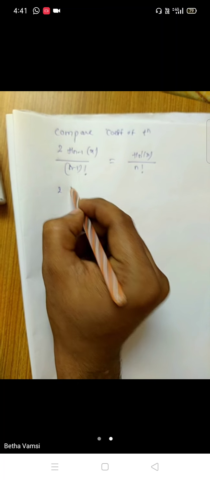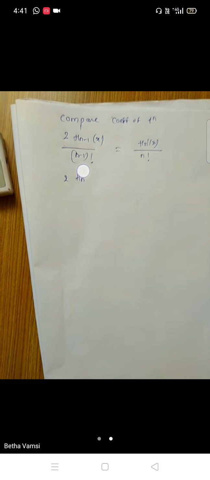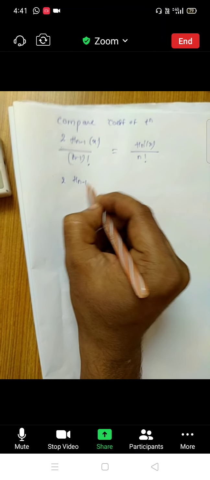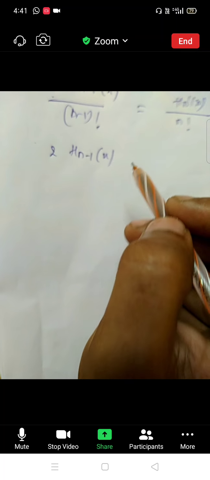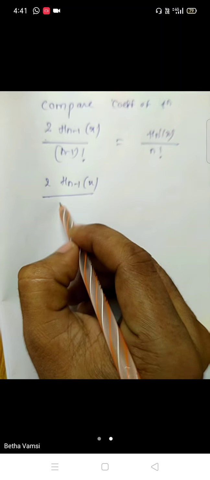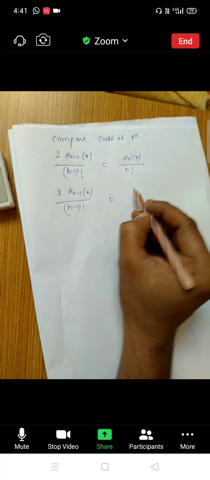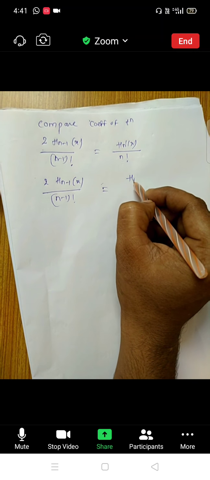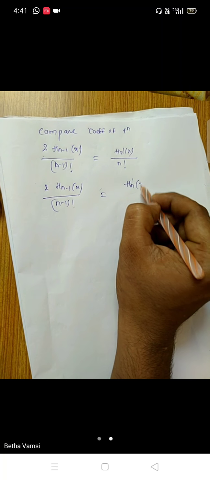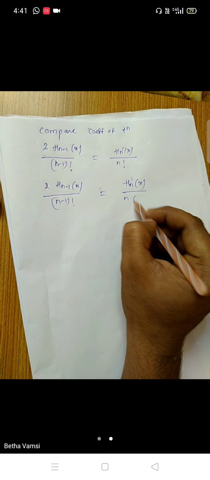Then 2 times H n minus 1 of x divided by n minus 1 factorial is equal to H prime n of x divided by n into n minus 1 factorial.